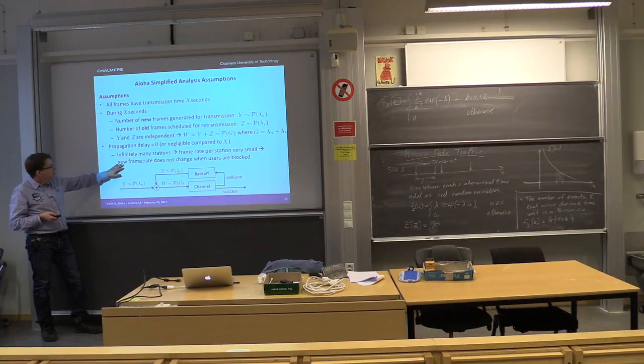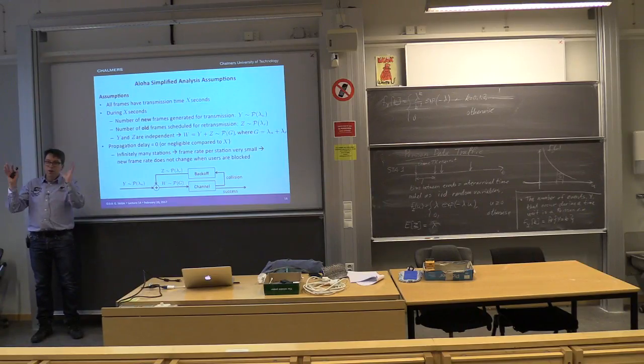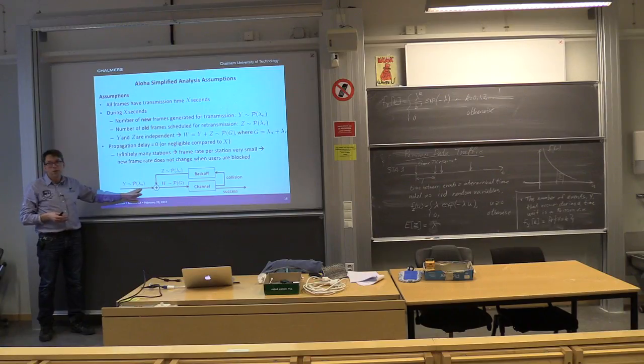That means that the rate of new frames will not be affected by the number of frames that are in backoff. And why is this important? Well, if I'm a node and I get a frame from above to be transmitted, if I'm in backoff, I don't accept new frames from above, and maybe that would affect the new frame arrival rates. Maybe this was more information than you needed, but that is actually the key assumption here.